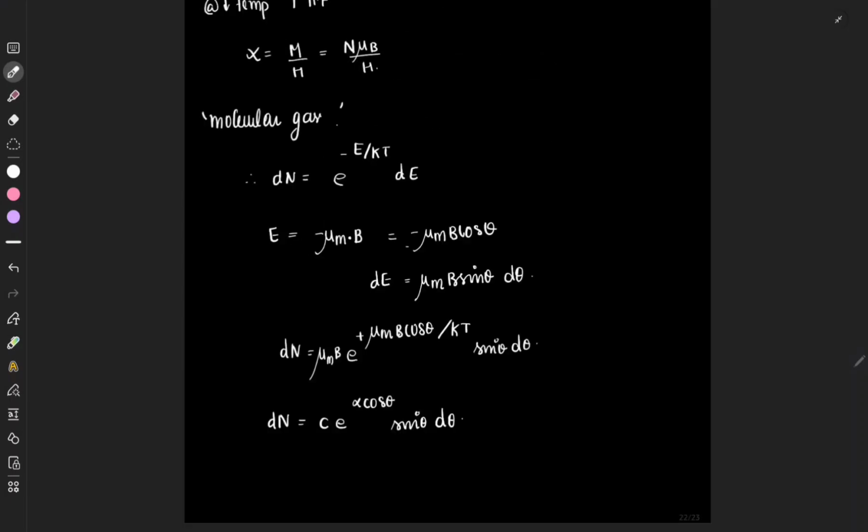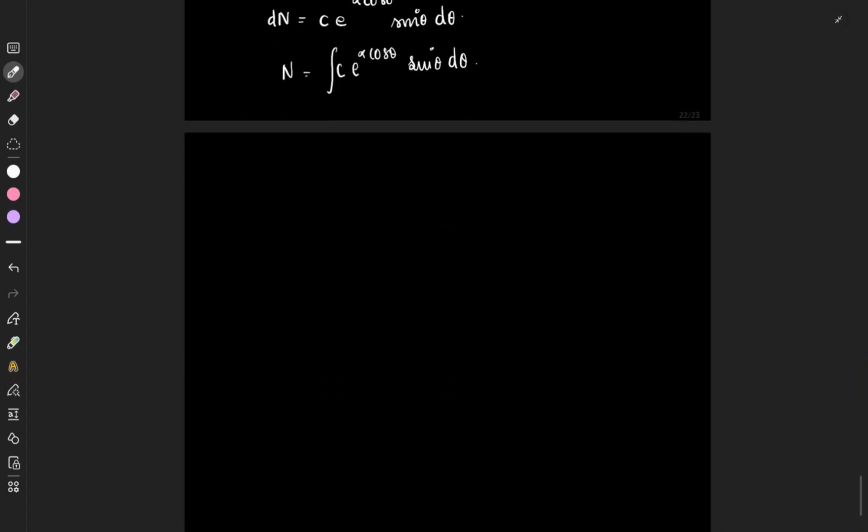We know N is nothing but the integral of dN, so N is the integral of C e raised to alpha cos theta sin theta d theta, and from this we can find M. From M we'll find susceptibility.